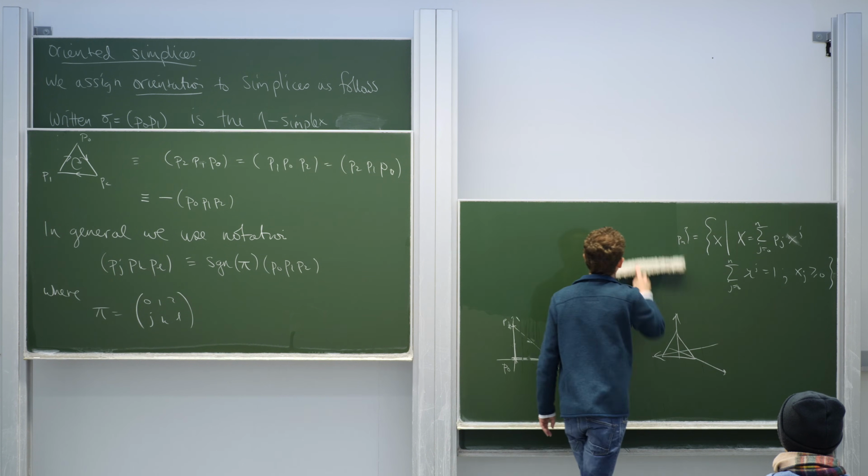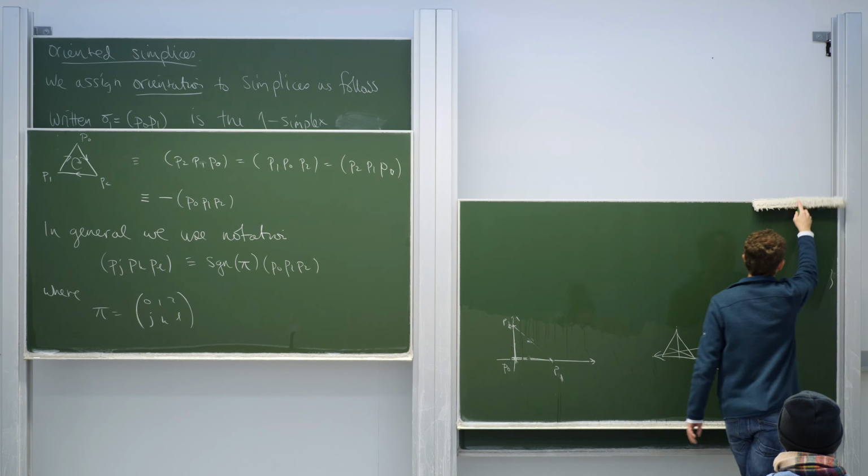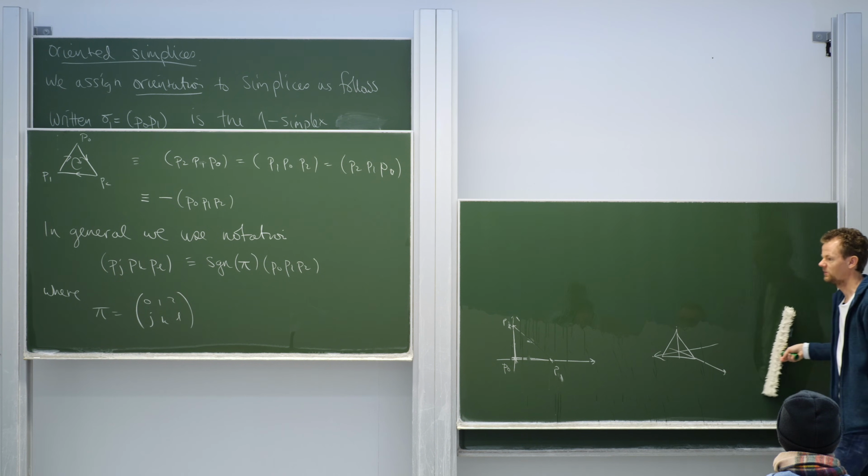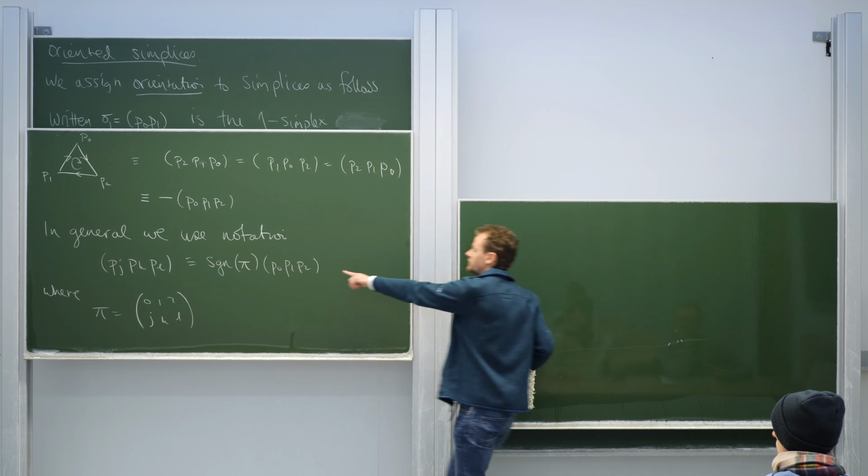And now you see that's how we're defining orientation in 2 dimensions. What about n dimensions? Well, I wrote this up very suggestively.